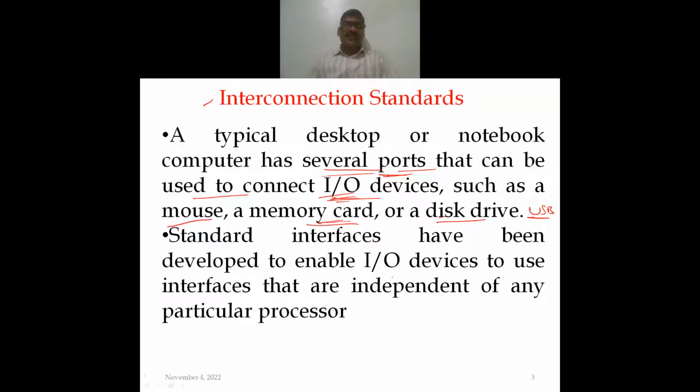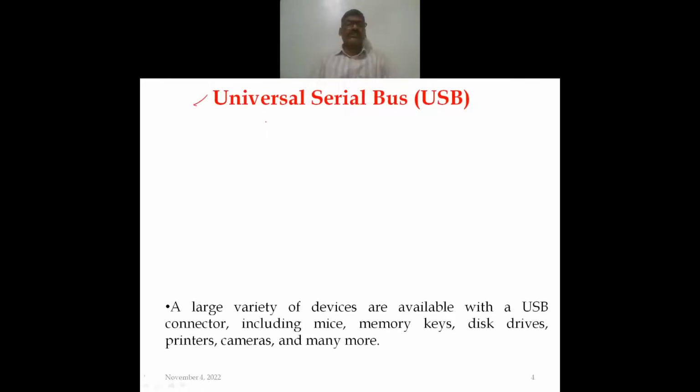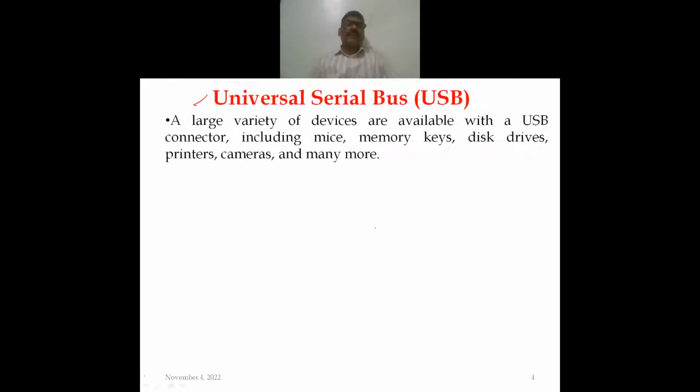Standard interfaces have been developed to enable IO devices to use these interfaces independent of a particular processor, so that these universal IO ports can be used. One of the important standards is the Universal Serial Bus, called USB.